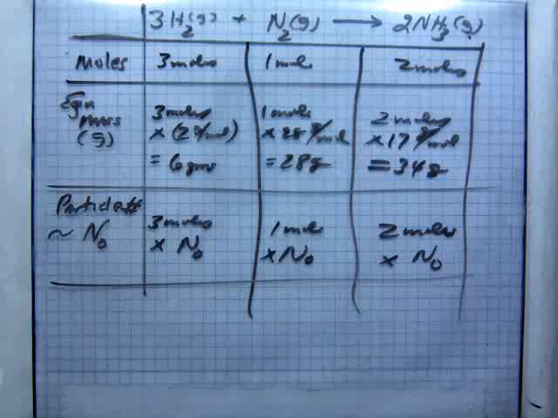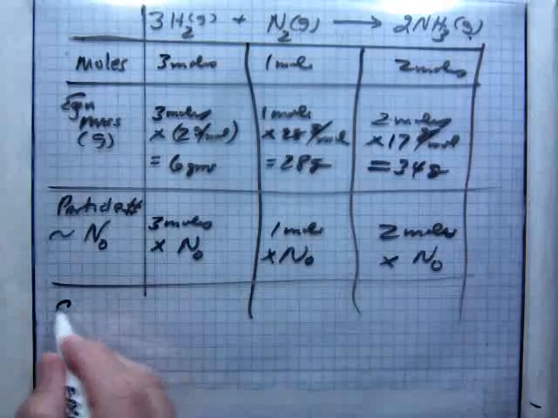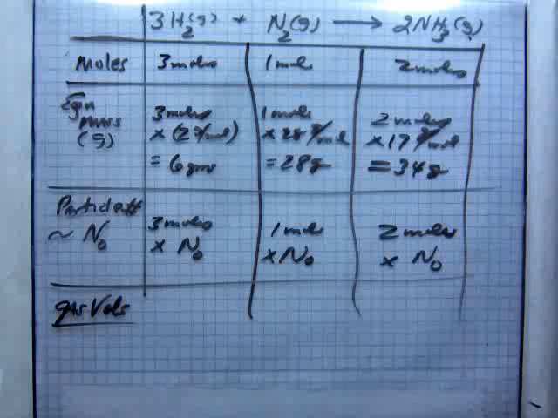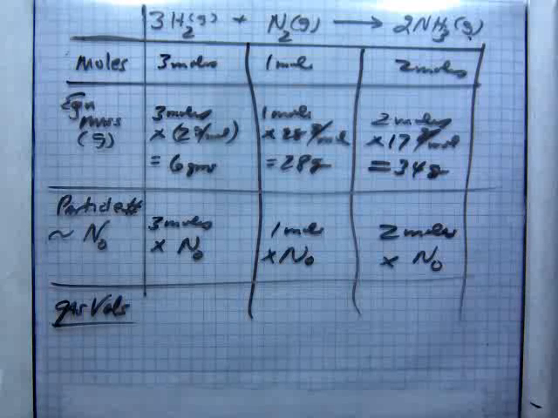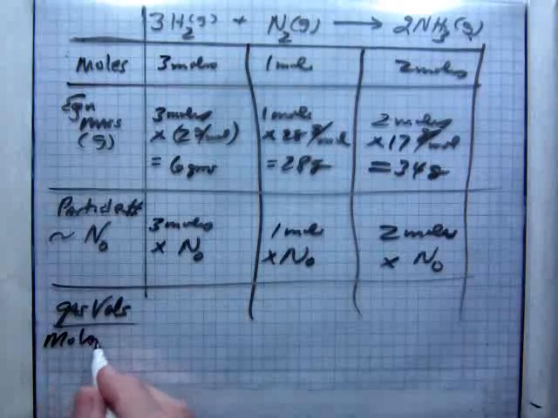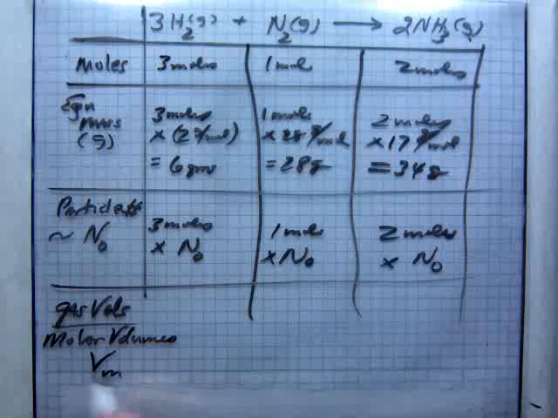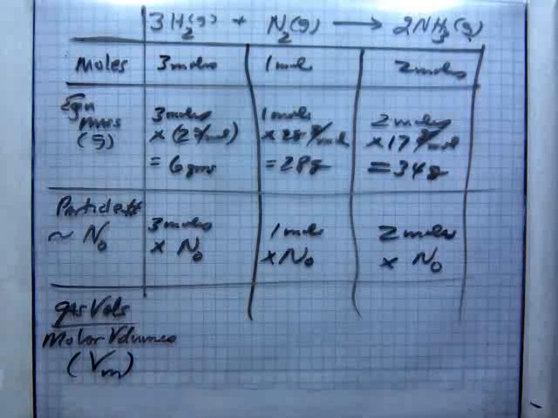Now, one element from the calculations that is important are gas volumes. Gas volumes are expressed basically out of the equation as what we call molar volumes, and given a symbol Vm, like that.